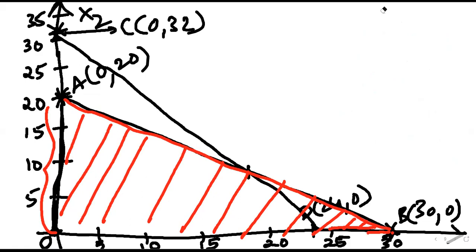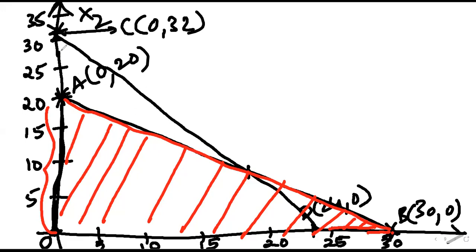Now, similarly, the second equation also we are supposed to shade. What will be the required area? Which area is to be shaded for the second equation? Below 32. Is it right? Correct?